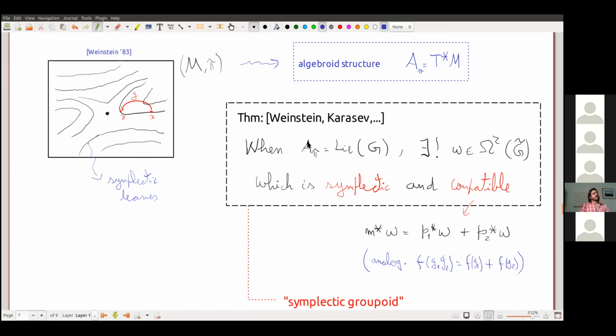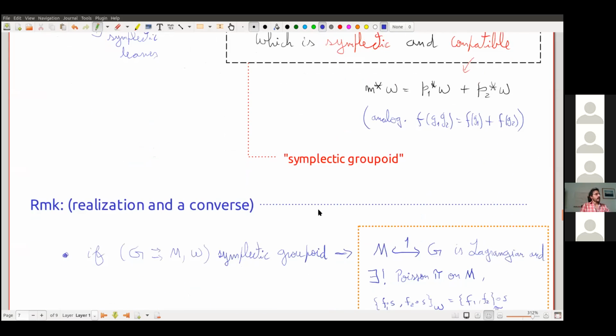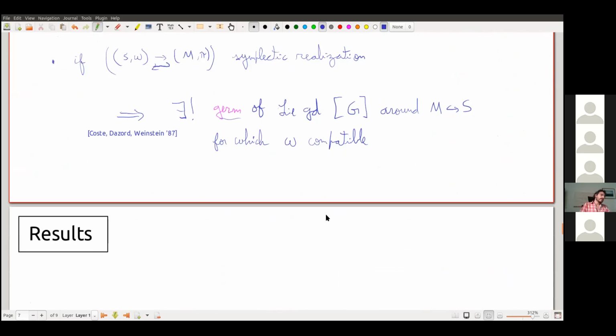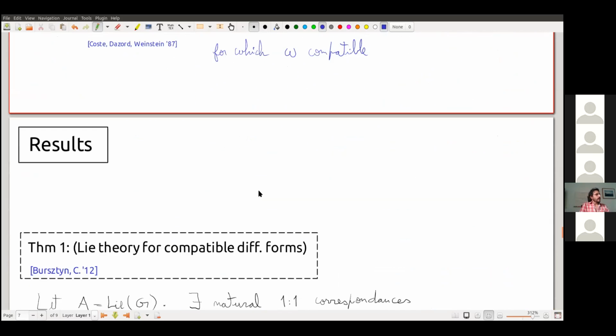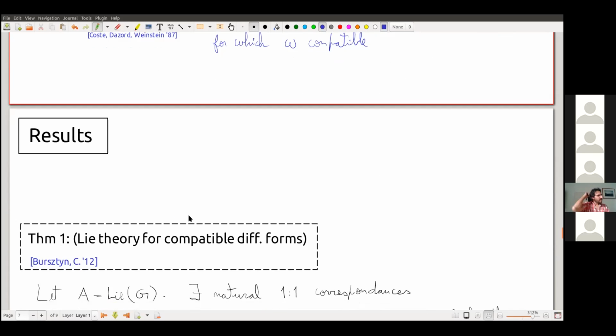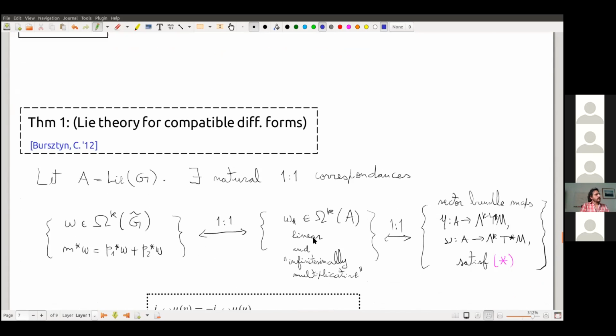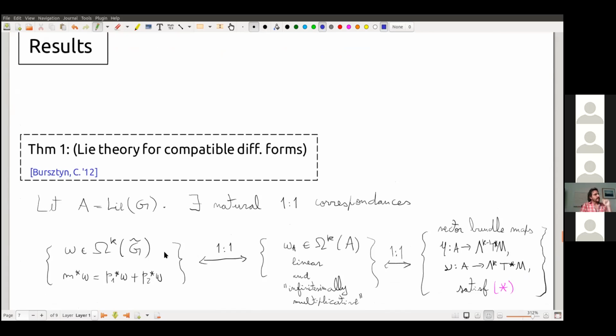Okay, this also is pretty much motivated by what I said about quantization, but I won't mention this much. So let me go quickly to the results that are related to my work with collaborators. So the first theorem that I want to mention is this one about, let's say, compatible differential forms. In the example that I showed before, we had a two form that is closed and non-degenerate and satisfied this equation.